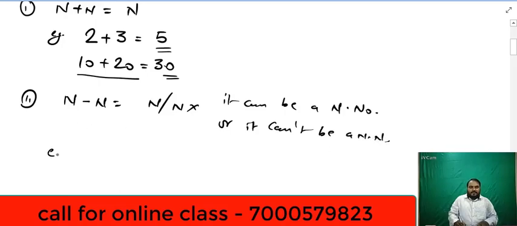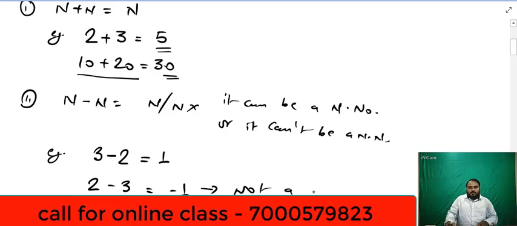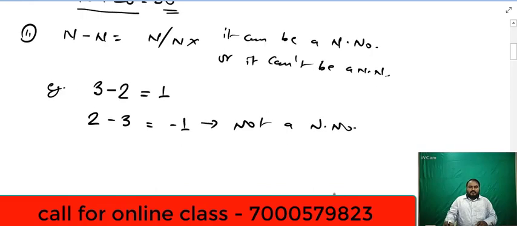For example, if we subtract 2 from the number 3, then we get 1, which is a natural number. But if we subtract 3 from 2, then we get -1 as a result, which is not a natural number. Okay, so that is our natural numbers.